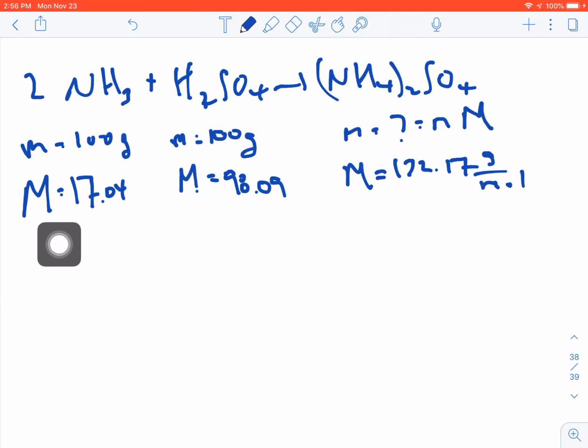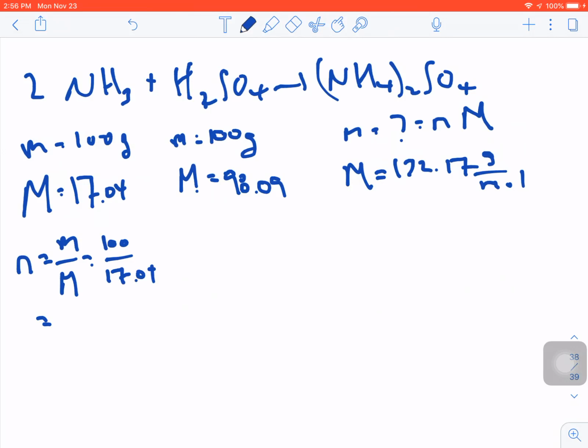So I'm going to start by finding the number of moles on this side and then see which one is going to run out first. So my number of moles here is mass divided by molar mass, right, which is 100 divided by 17.04. I'm getting 5.87 moles.